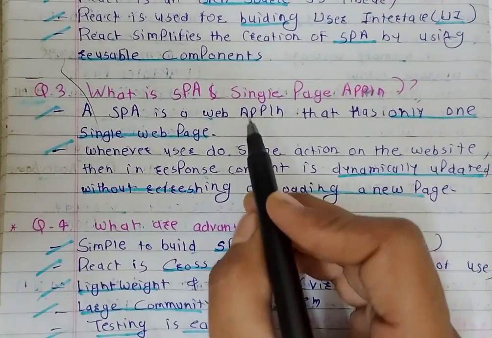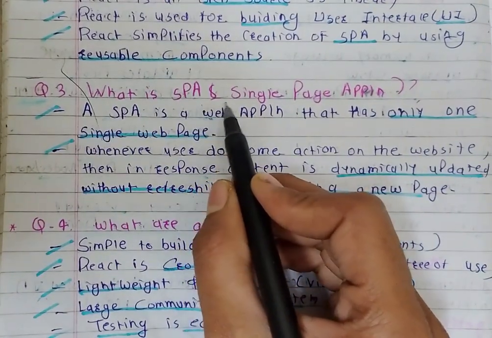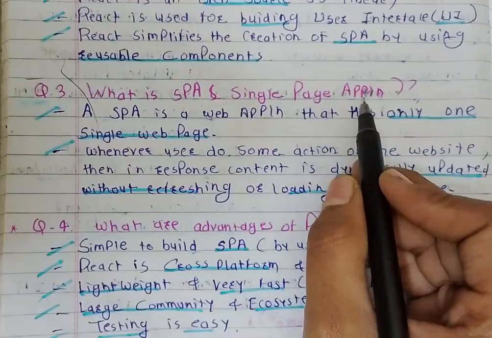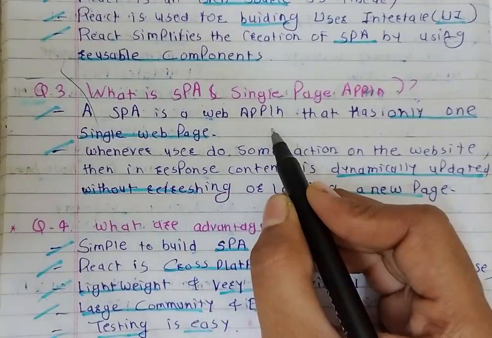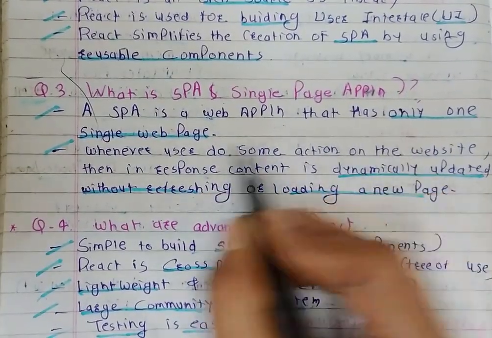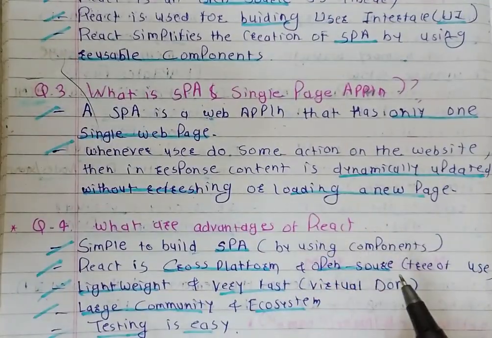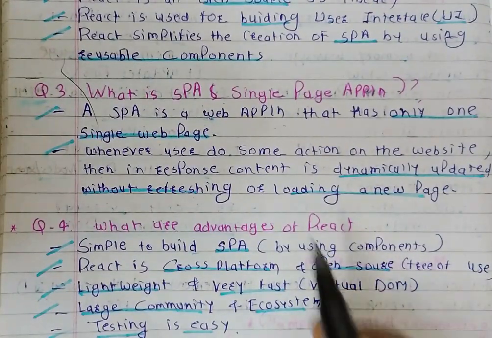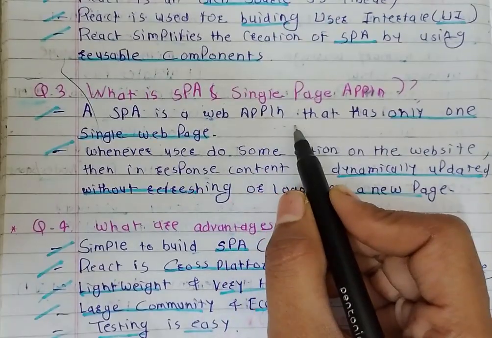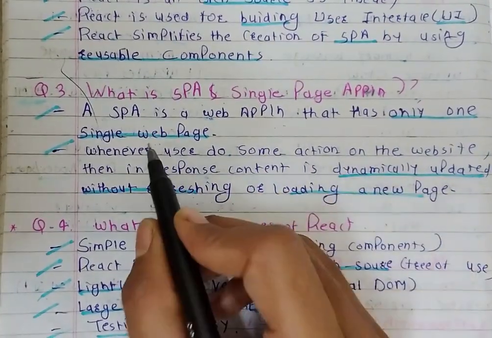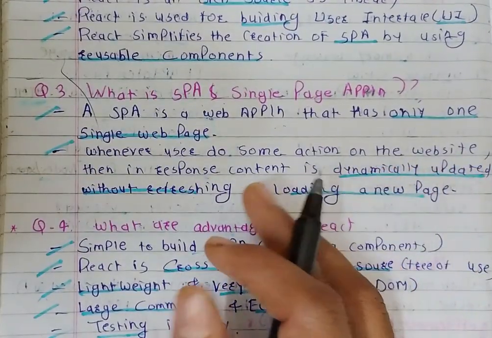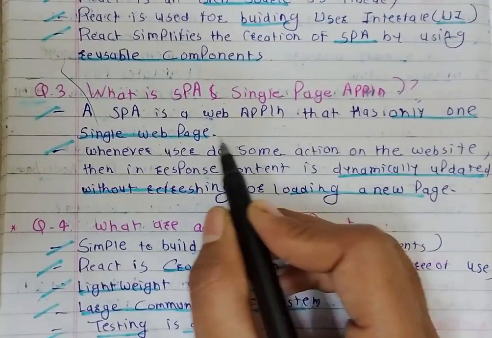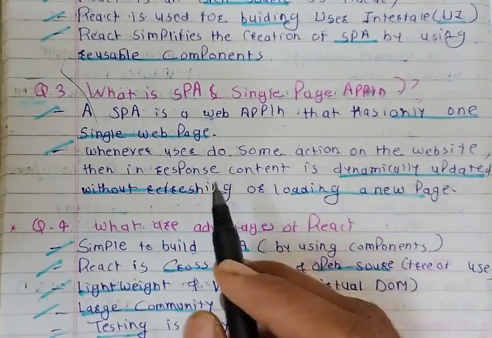Then what does SPA mean? SPA stands for single page application. A single page application is a web application that has only one single page. So if we create a website or any project with React, it has only a single web page. There are no more pages.